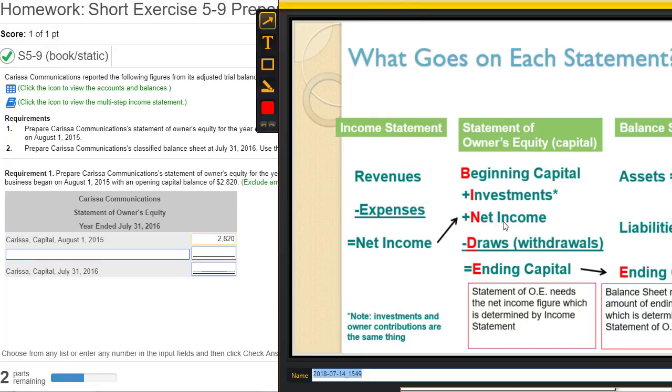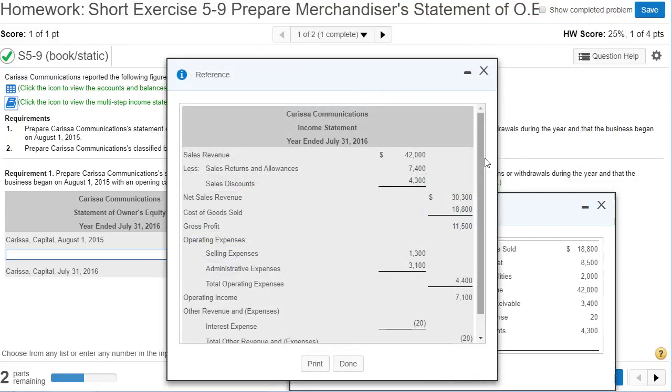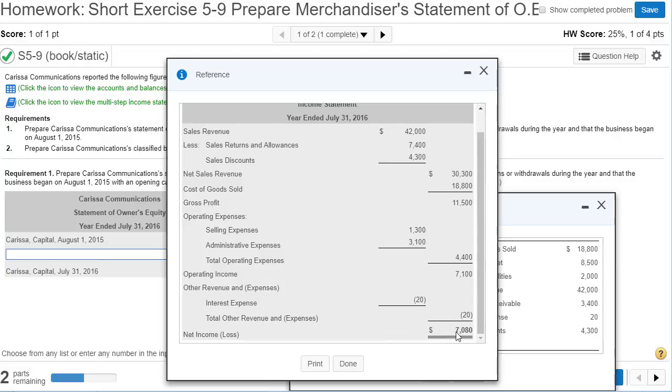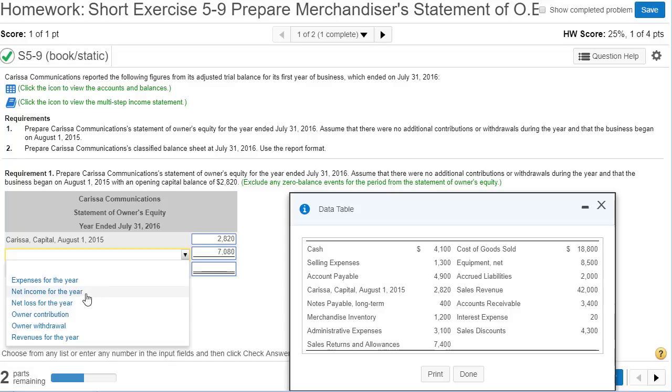We go down to net income. Net income comes from the income statement, so we need to open up the income statement. The bottom line of the income statement was $7,080 net income. Paste that here, and that is our net income for the year.